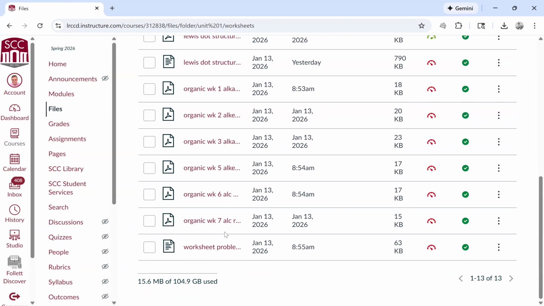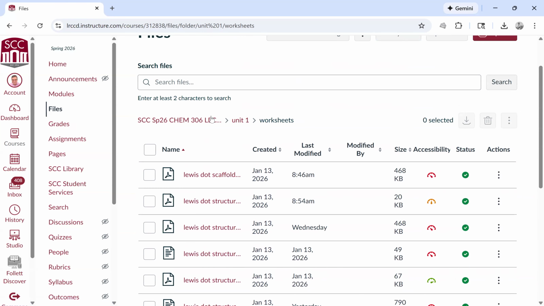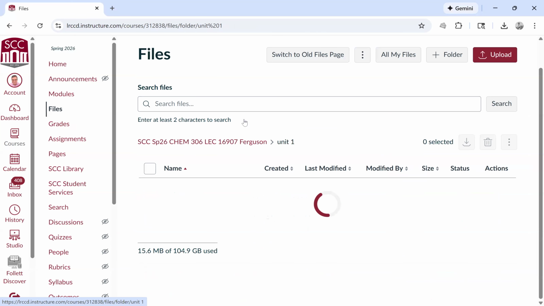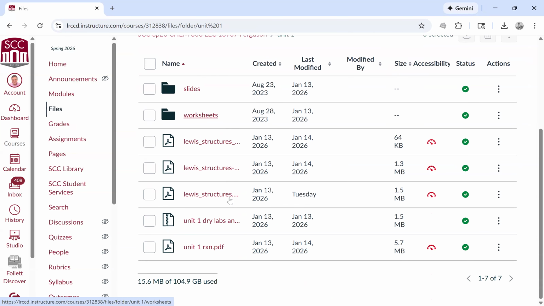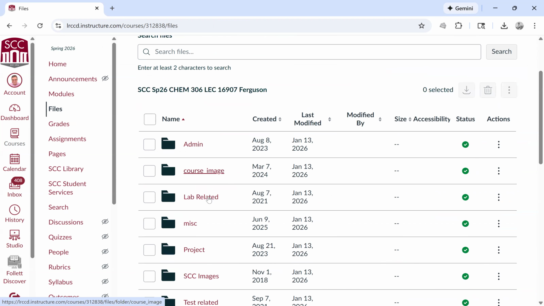Under worksheets, here I broke up Unit 1 dry lab into separate worksheets, if you'd like to do it that way. So here's Unit 1 dry labs. They're also under lab related.